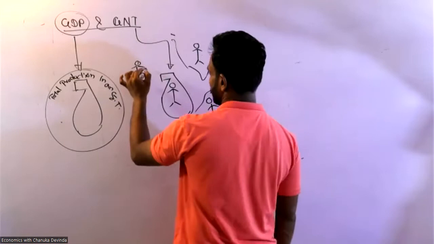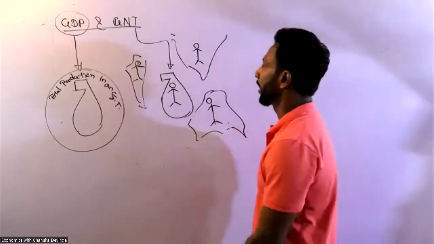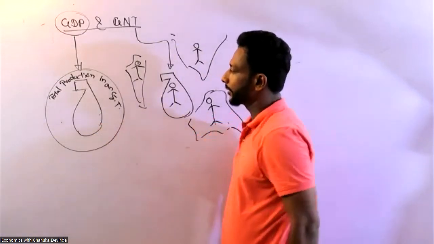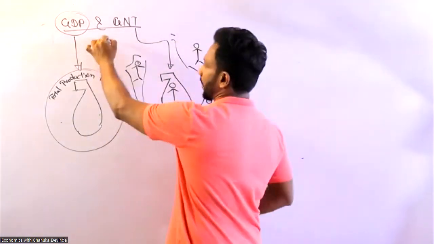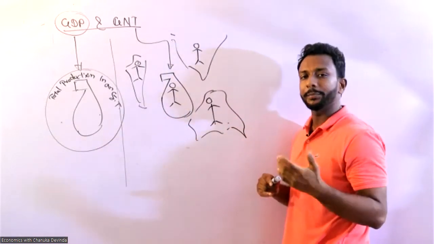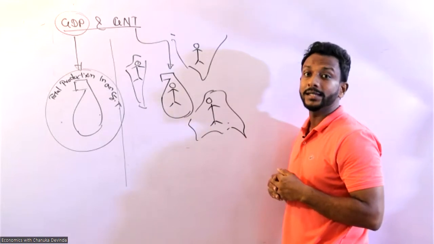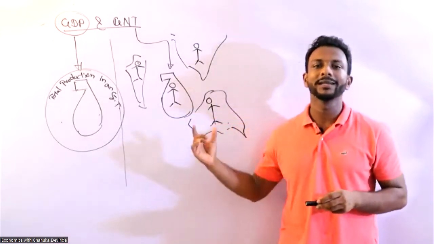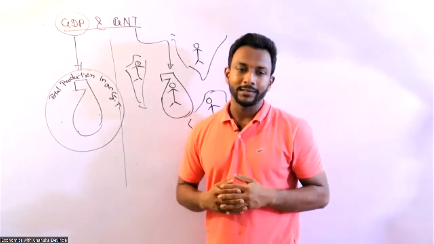It doesn't matter. Right? So here, what we identified for GDP, the economic territory was the main thing. But here, it does not matter which territory. The matter is whether it is resident or non-resident. So here, only residents, right? So that's the main difference.